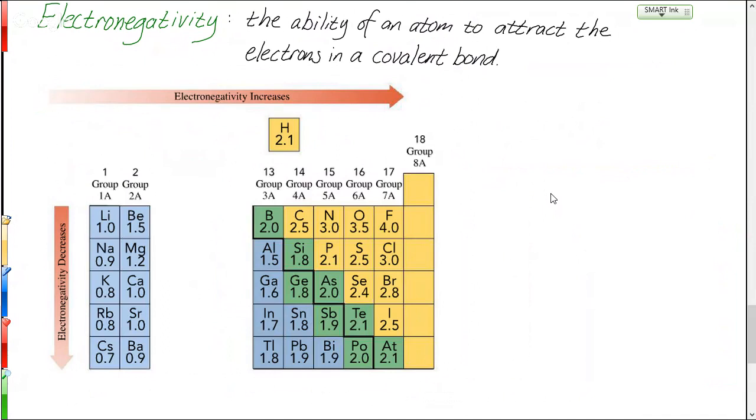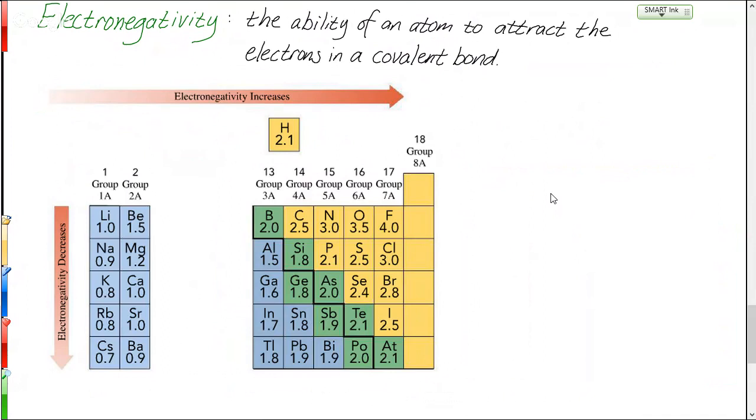So if you look at the colors here, blue means lower electronegativity, green is medium, and yellow is high. So in general, there's a trend going from left to right, going from bottom to top, of electronegativity increasing. The other way to think about that is just to remember that fluorine is the most electronegative element.